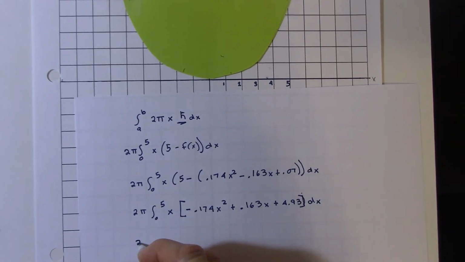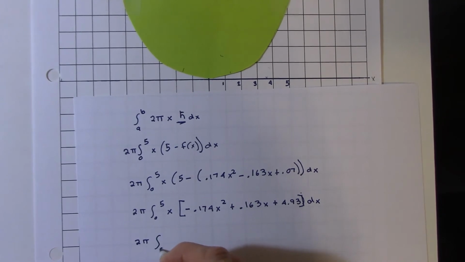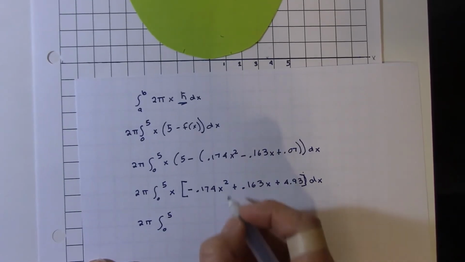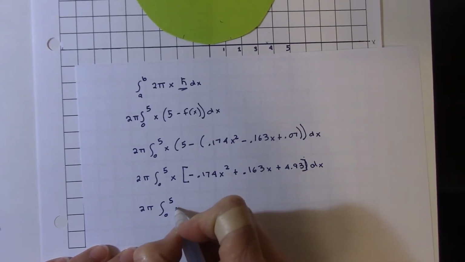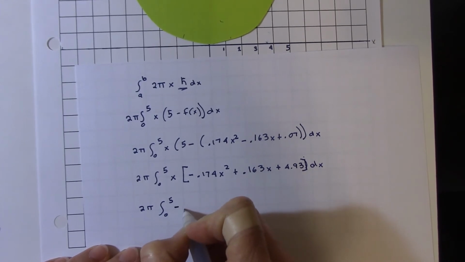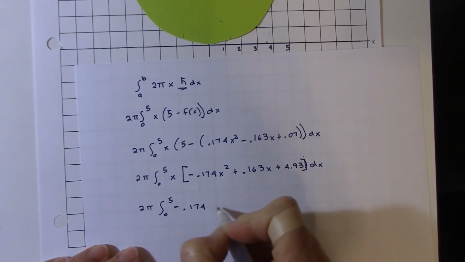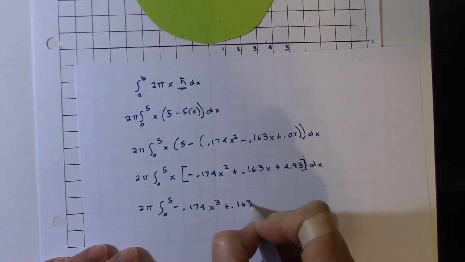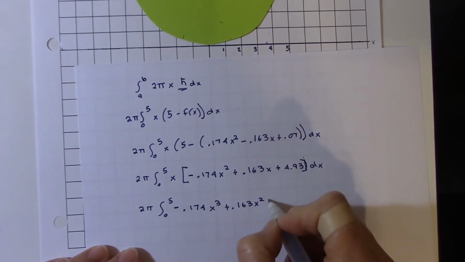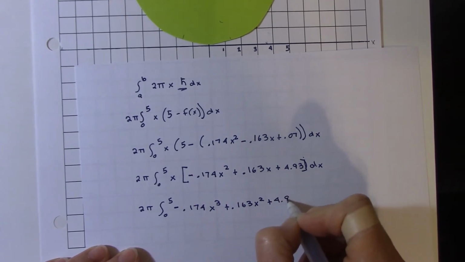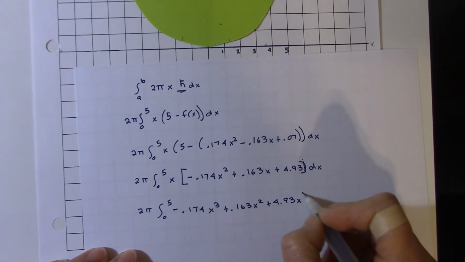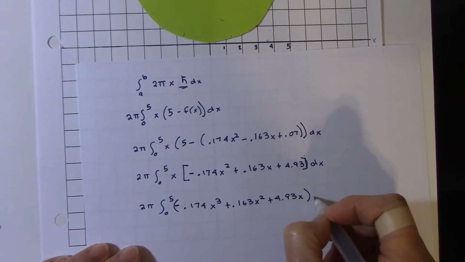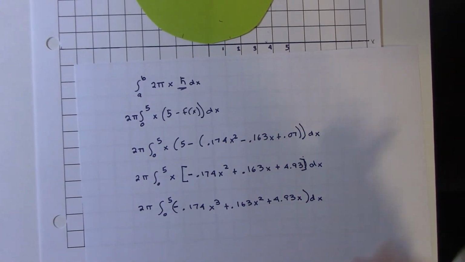Okay, so I'll have 2 pi, the integral from 0 to 5, distributing the x, I'll have negative 0.174x cubed plus 0.163x squared plus 4.93x, times the thickness, which is dx.